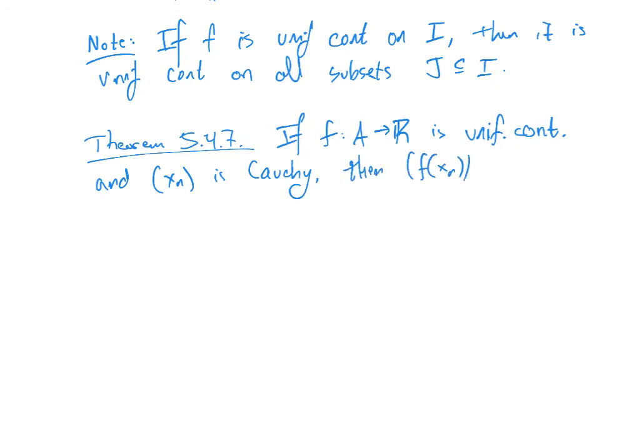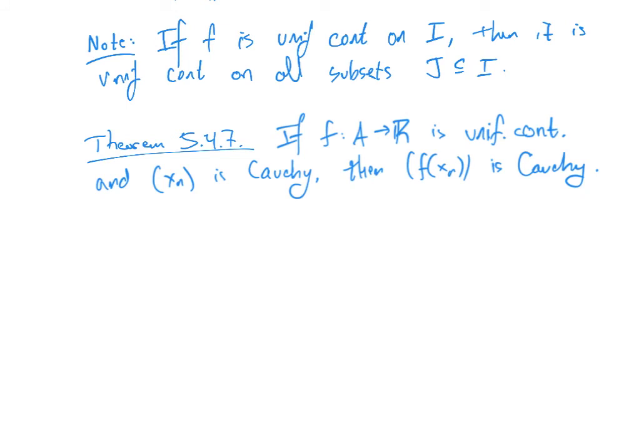The function values are also Cauchy. The proof of this is very easy. You should definitely read it in the book. It's just not quite easy enough to do in 30 seconds.